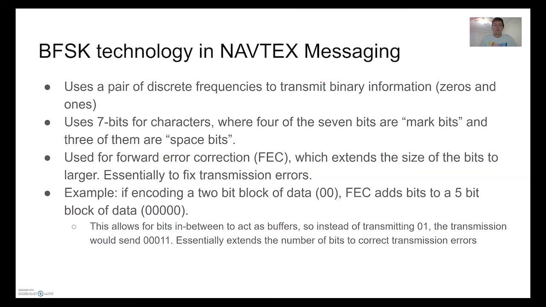For example, if encoding a 2-bit block of data, 00, FEC adds bits to make it a 5-bit block, 00000. This allows bits in between to act as buffers. So instead of transmitting 01, the transmission would send 00011. Essentially it extends the number of bits to correct transmission errors.